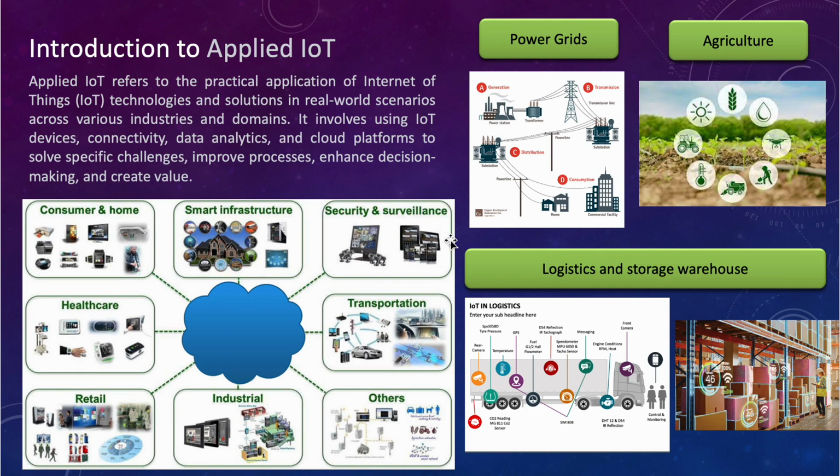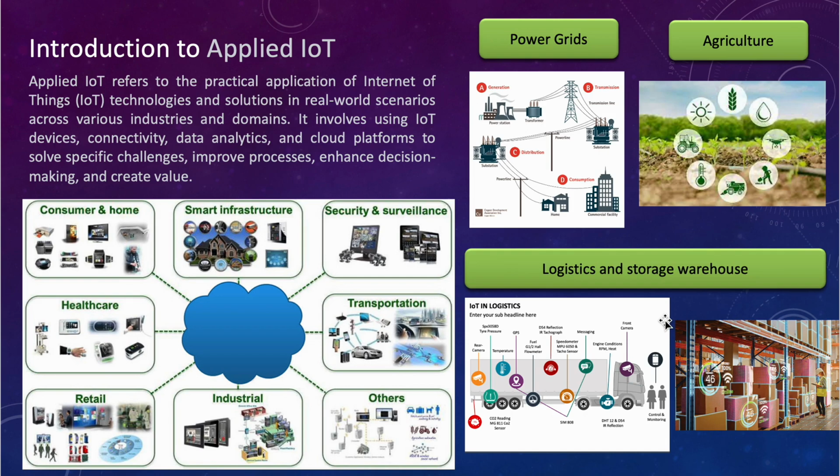Then from agriculture, we can see how logistics, storage and warehouses use IoT. We talked about surveillance. I gave an example of having surveillance systems in warehouses, and how those surveillance systems can be used efficiently to protect what is in the warehouses. So logistics-wise, we talked about surveillance.